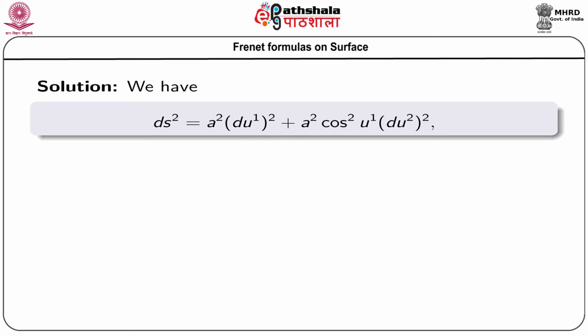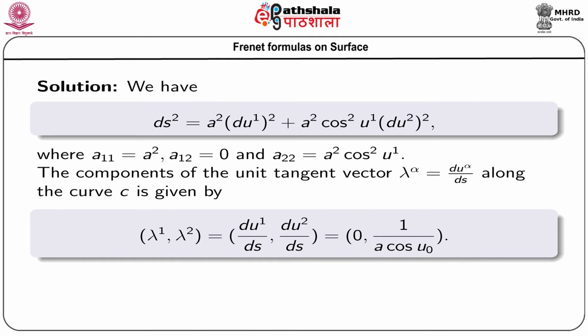So, we get ds square equals this expression, where a 1 1 is a square and a 1 2 is 0. That means the curvilinear coordinate system is orthogonal for this sphere, and a 2 2 is a square cos square u 1.